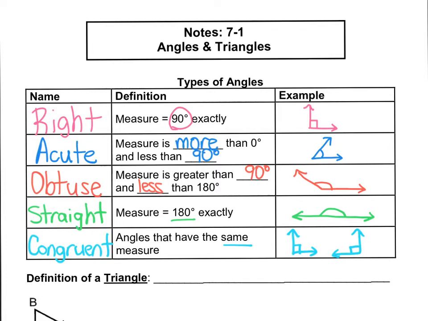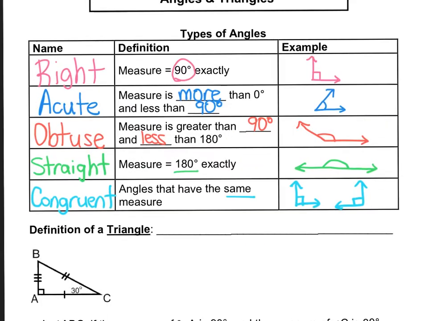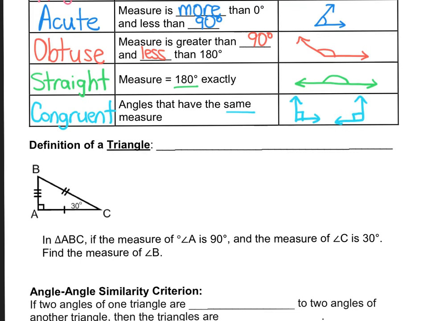So that is 5 vocabulary words that you do want to learn. There is a lot of vocabulary in this short unit. So here's another vocabulary, the definition of what a triangle actually is. And it is a 3-sided polygon. So tri means 3.